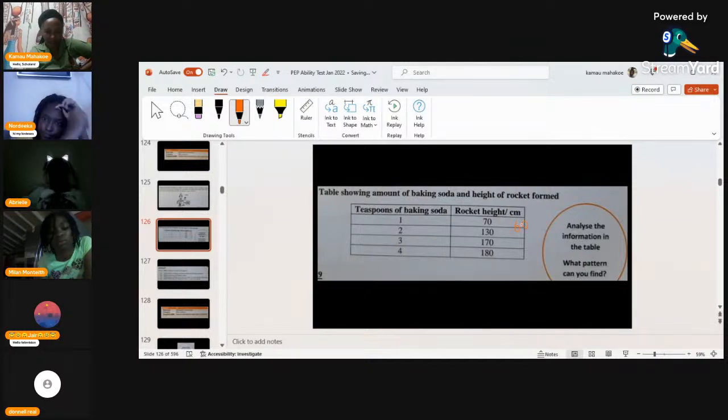All right, so when we added one more teaspoon, we sent the rocket 60 more centimeters up, right? From 130 to 170, how much was that?